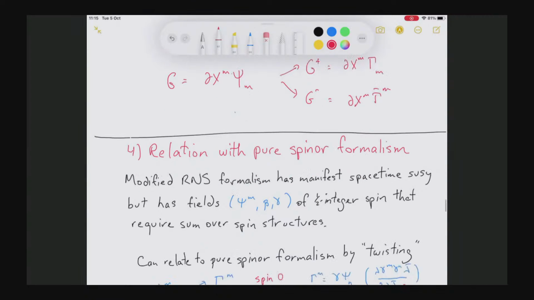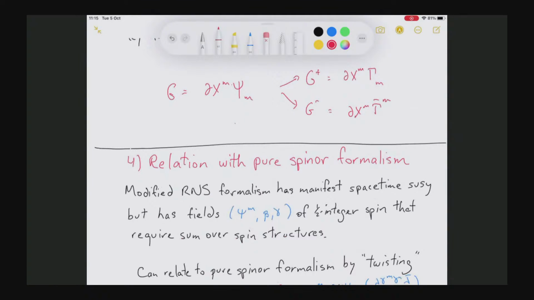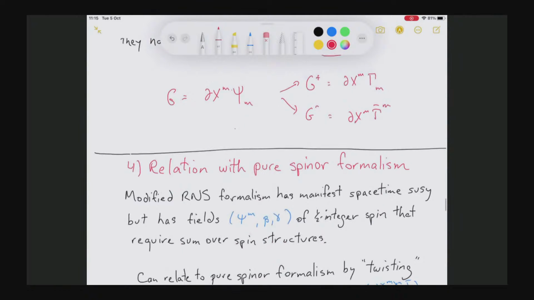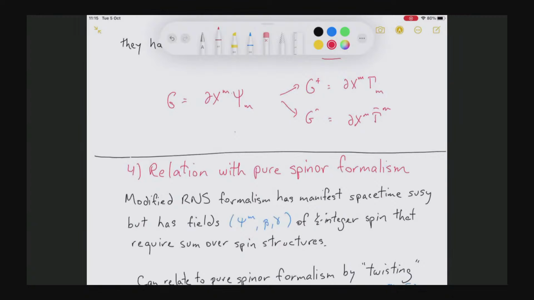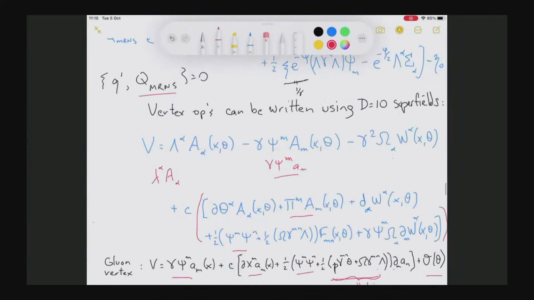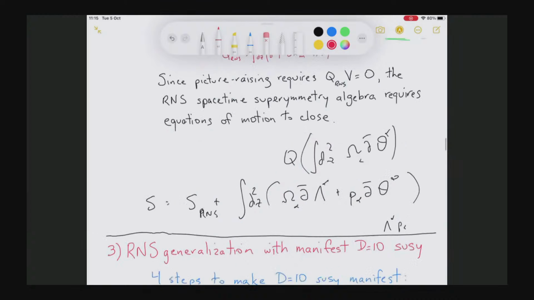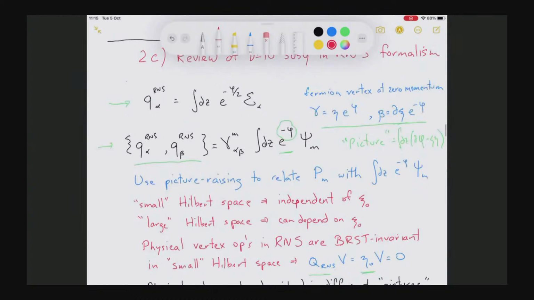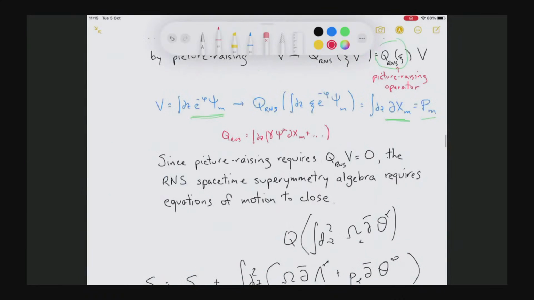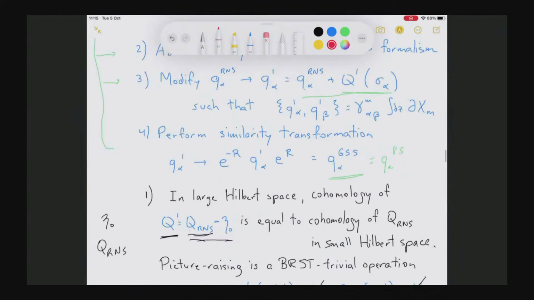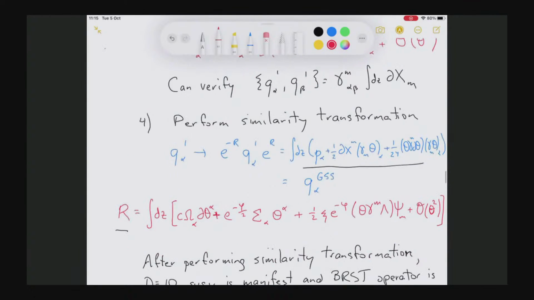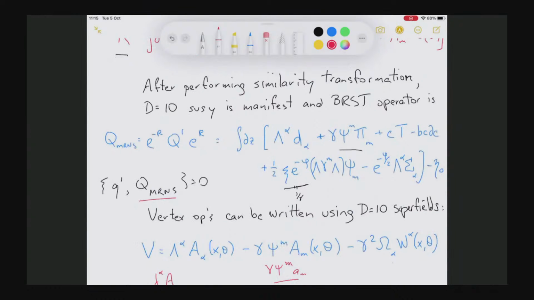But, this is a useful idea, but I'm not going to discuss this here, essentially because after introducing the auxiliary variables, this N=1 superconformal generator is unclear. So remember, the BRST operator in this RNS formalism, after you generalize, has a term that looks like it comes from an N=1 superconformal generator, but it also has this other term.